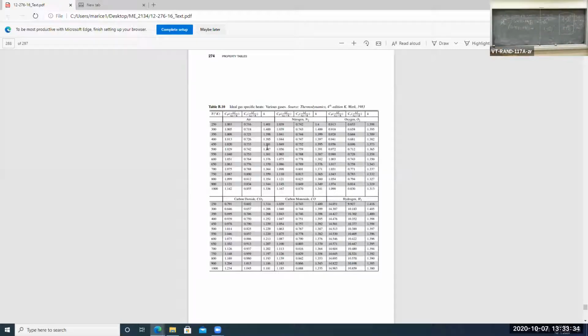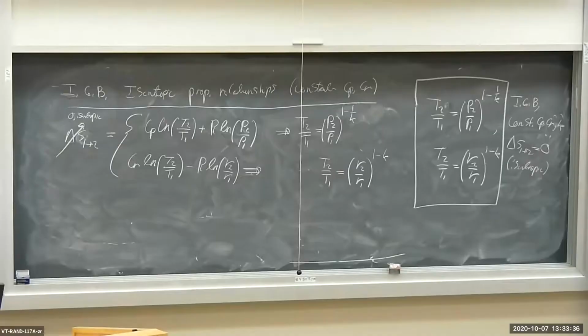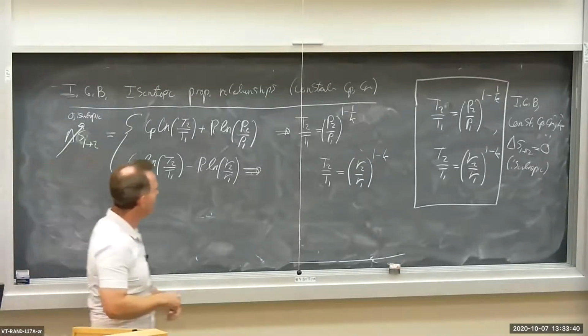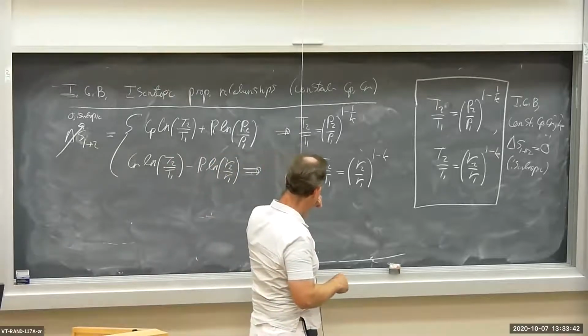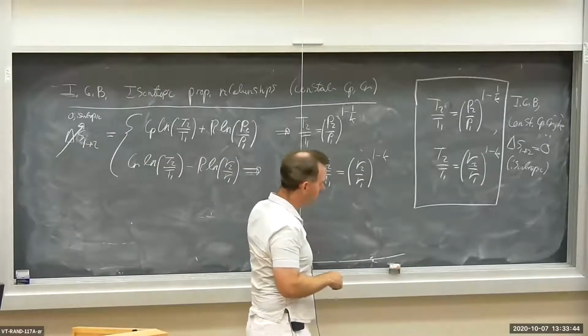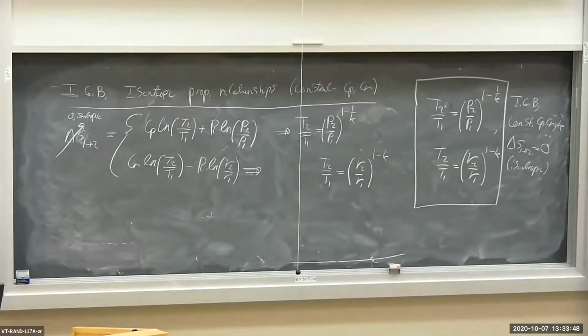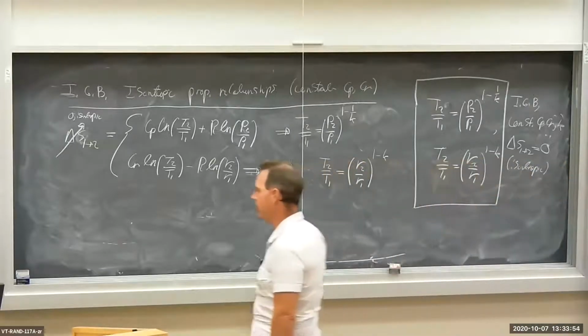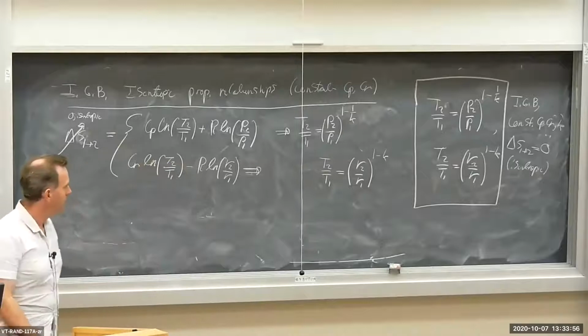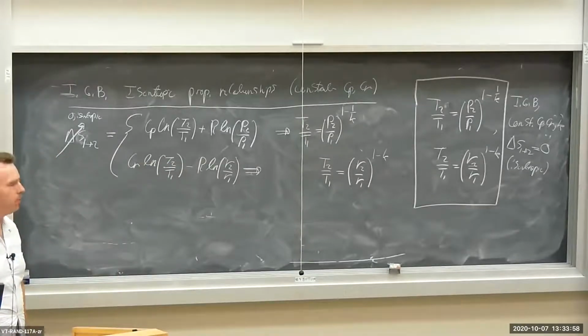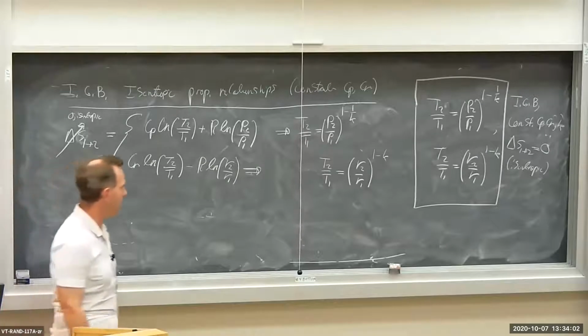Sorry about that. Let's just go over this again. So a little bit of algebra. On the first property relationship, delta S is equal to 0, and we arrive at T2 over T1 is equal to P2 over P1 to the 1 minus 1 over k.